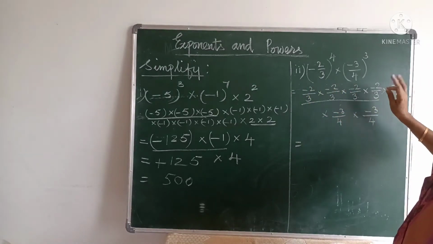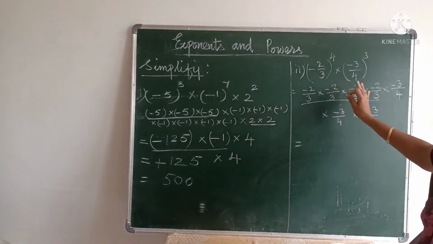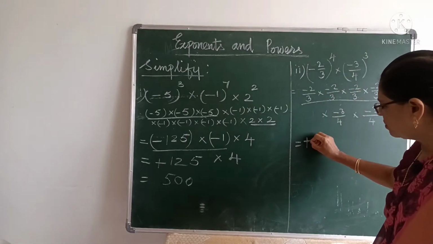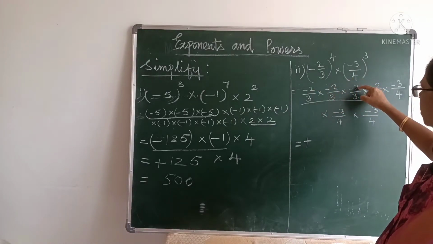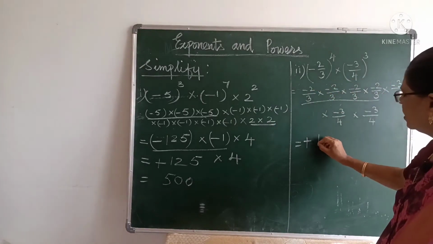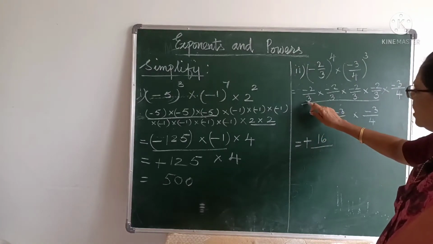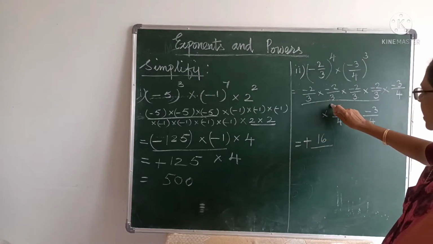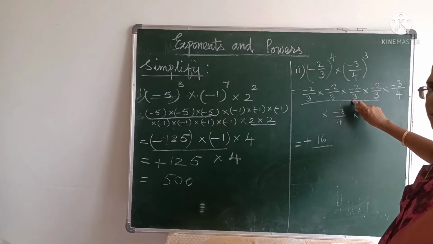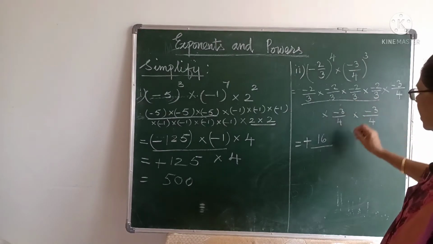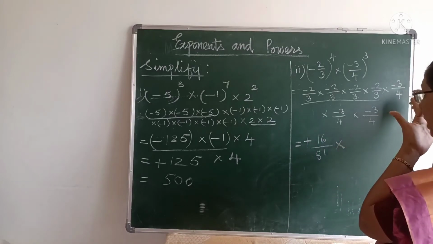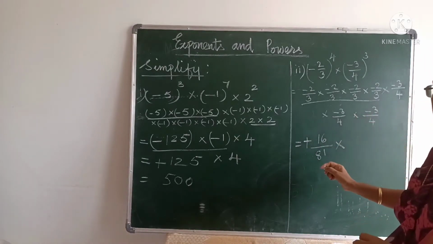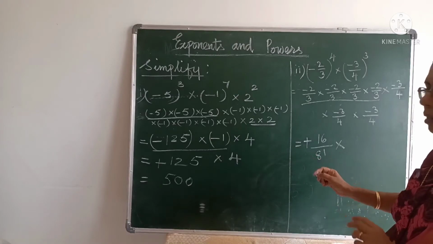Minus sign is taken 4 times, that is even number of times. So the product will be positive. 2 2s are 4, 4 2s are 8, 8 2s are 16. 3 3s are 9, 9 3s are 27, 27 into 3 is 81. Into minus 3 upon 4 is taken 3 times, odd number of times.